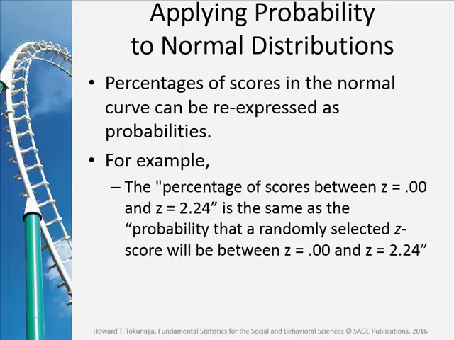So the area is 0.4875, but the percentage is 48.75% of my curve, and the probability of picking a number between 0 and 2.24 is 0.48. Why? Just is.